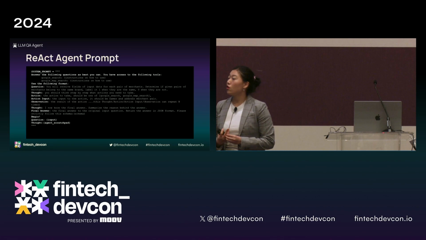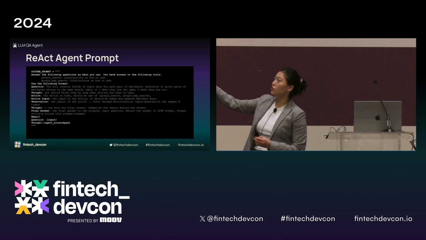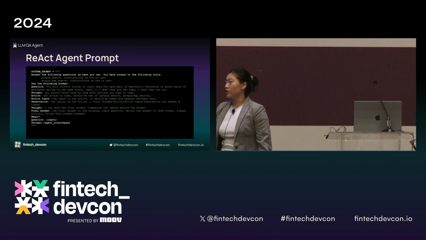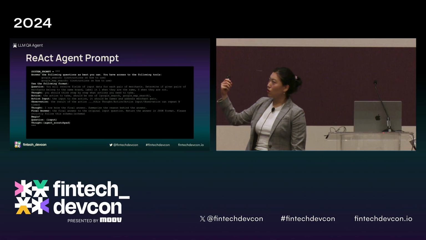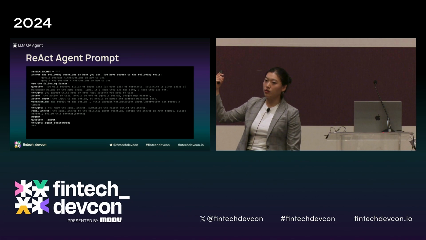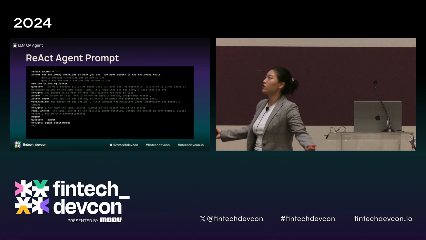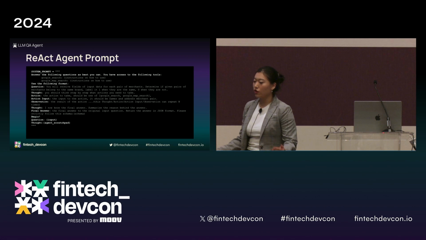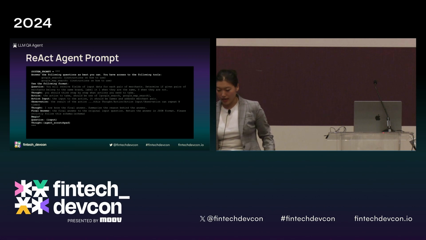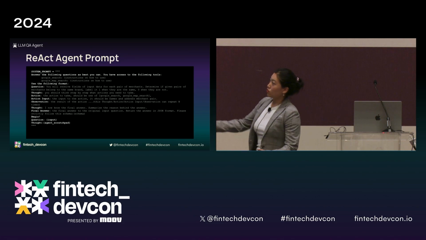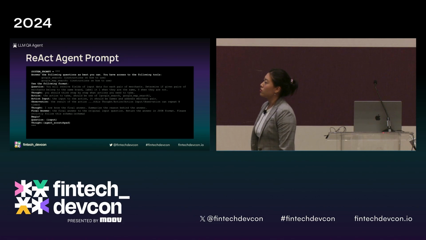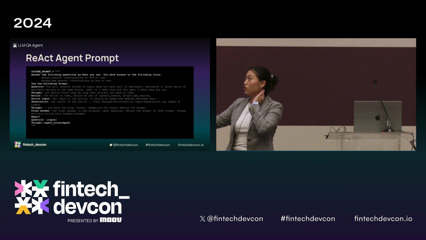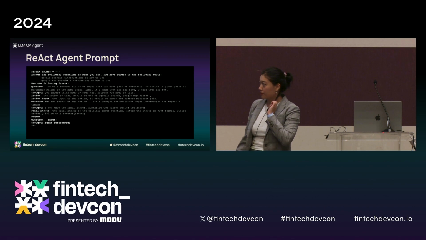Cool. So this is actually a system prompt for a ReAct agent if you want to use it. In the first part, tell your agent to answer the following questions as best as it can, and tell your agent what tools it has access to. Google Maps and Google Search are the tools available to your agent. And then tell your agent to use the following format.